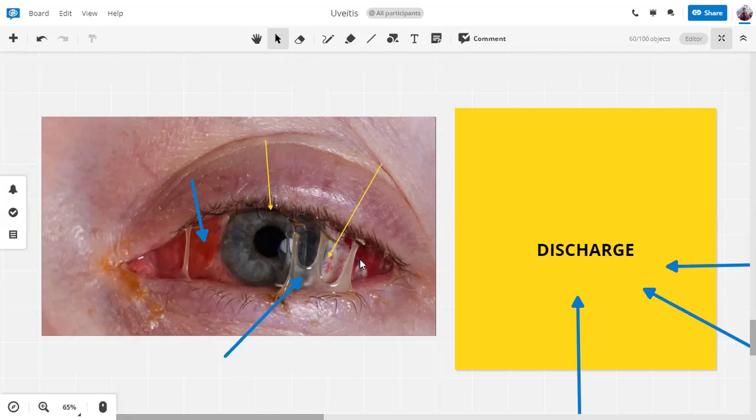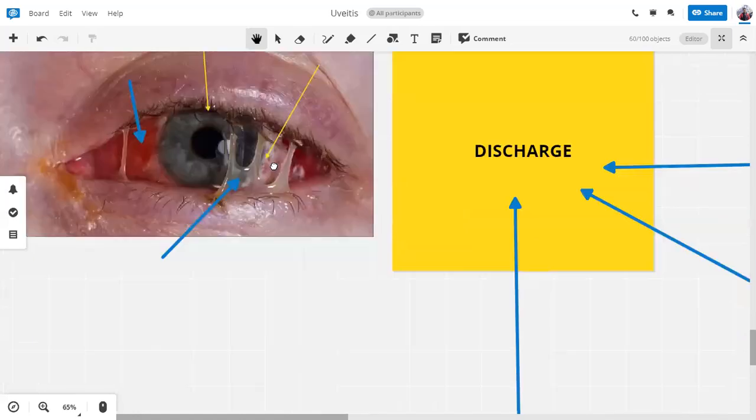Then if there's a systemic infection involved, for example, if the person has gonorrhea and he has gonococcal conjunctivitis, or if he has chlamydia and he has chlamydial conjunctivitis, so we will treat the systemic infection as well with systemic antibiotics. Okay? So this was our brief presentation of conjunctivitis.